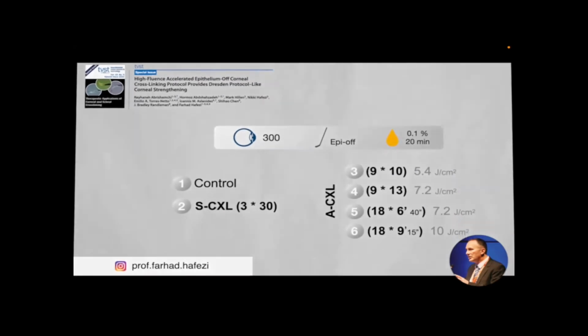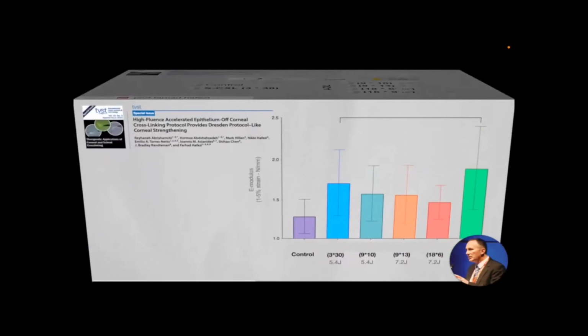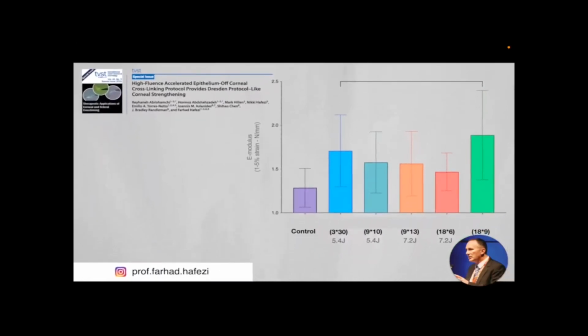And what is interesting now, the results I mentioned, this is the stiffness of a control. This is a very good stiffness of the Dresden protocol. And now, just like 8 years ago, we published that if you go faster with the same fluence, you lose efficacy. You can go even a little faster, even by compensating for the fluence, you lose efficacy.